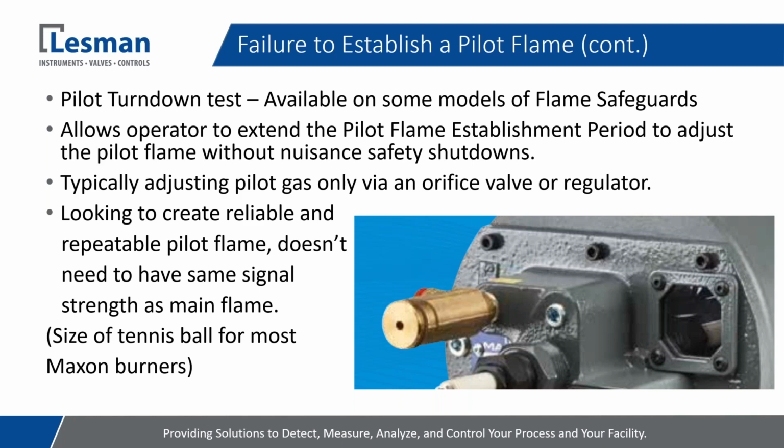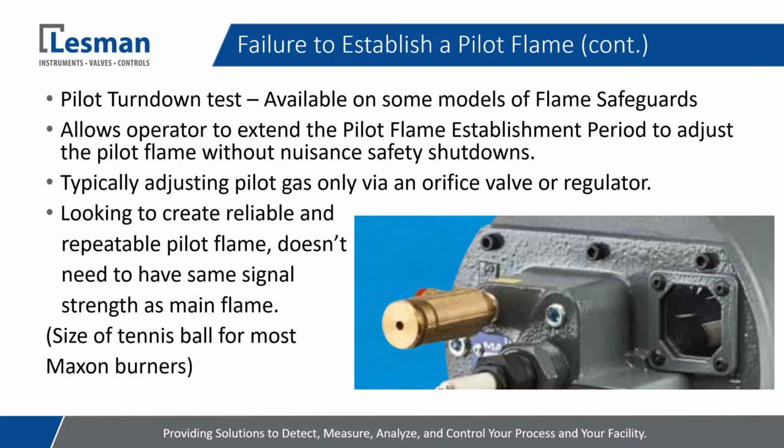So typically on a burner like this one that's pictured, you've got the bronze adjustable orifice. You would turn that in to cut off the gas, or turn it out to open up the gas. Because it's a fine needle adjustment, you can get that pilot to just the point where you're satisfying that flame safeguard, and maybe just a little bit stronger, just to be sure that you've got a reliable, repeatable flame.